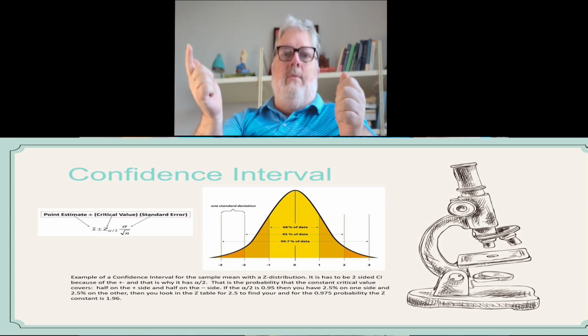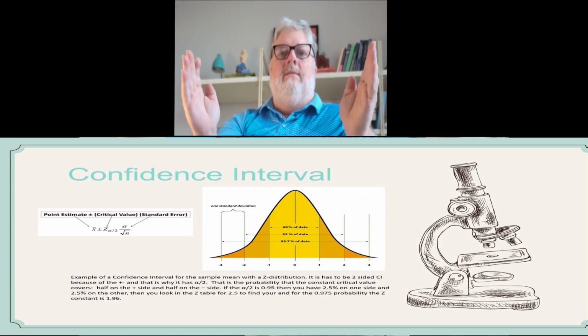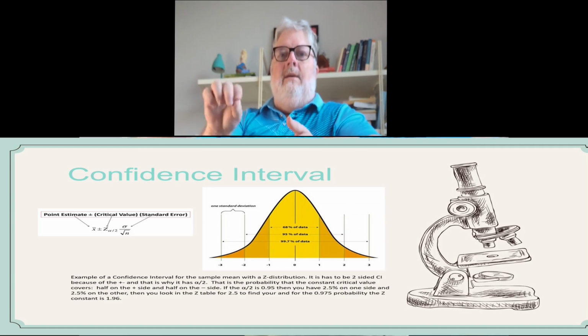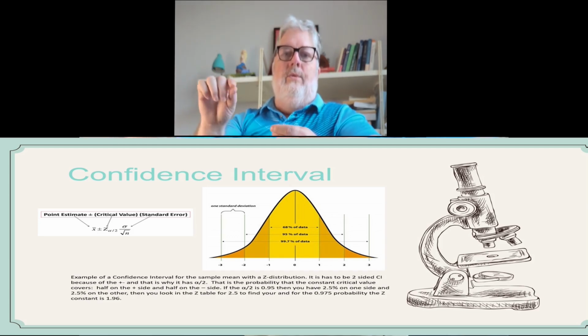So I'm going to give the formula in the presentation, and you can see what the formula is. But it's basically your point estimator plus or minus some constant from the table times the standard error. And the standard error is the sample standard deviation divided by the square root of n minus 1.